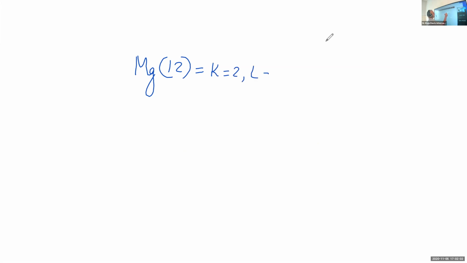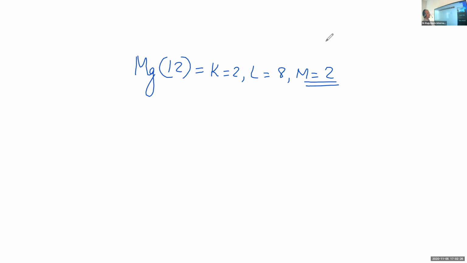In the L shell, there are 8 electrons. And in the M shell, there are 2 electrons. The M shell is the valence shell. Here, in the magnesium atom, in the outermost shell, the so-called valence shell, there are 2 electrons.